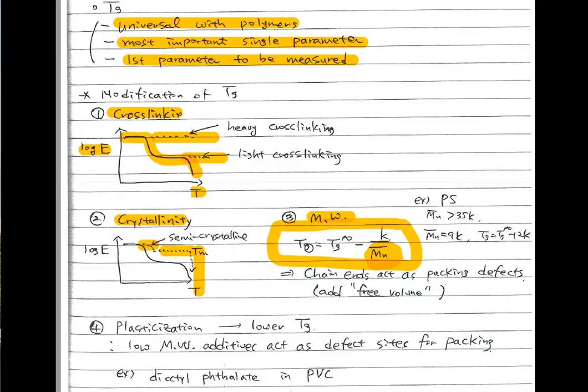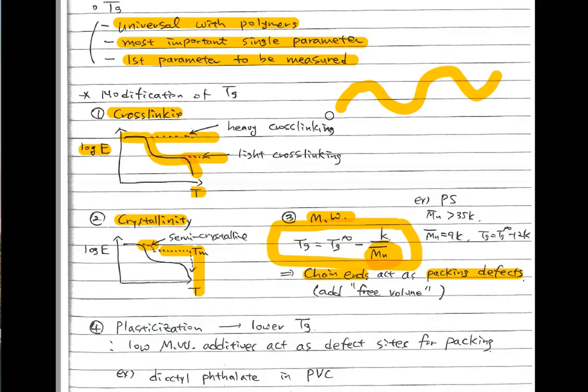The reason why is very simple. We learned that glass transition is related to the cooperative molecular chain motions, right? Then, shorter chain polymers with smaller molecular weight will have more chain ends, right? If you have polymer chains something like this, these ends are called chain ends, and these chain ends act as a packing defect.